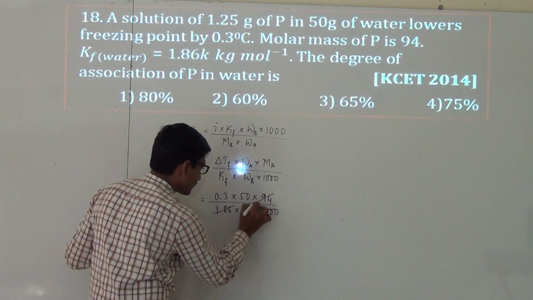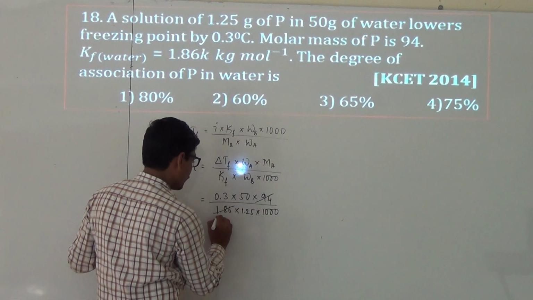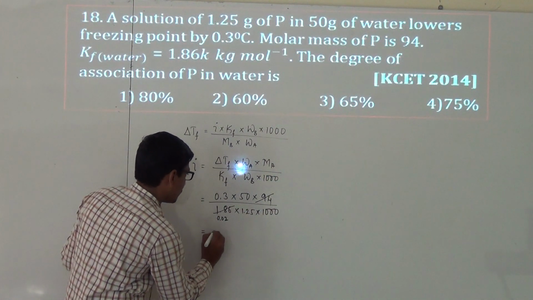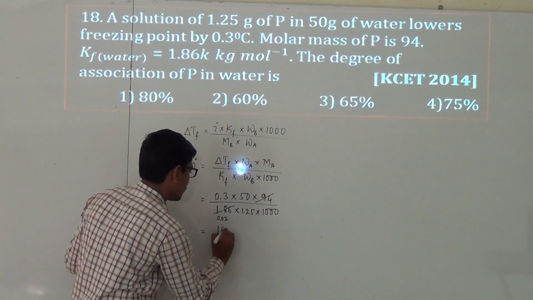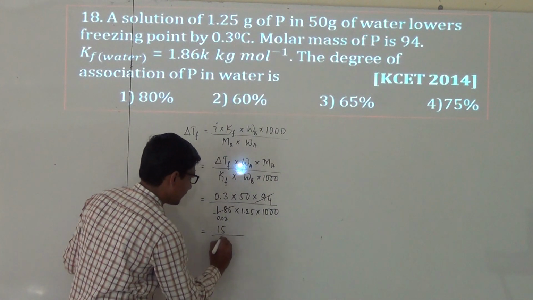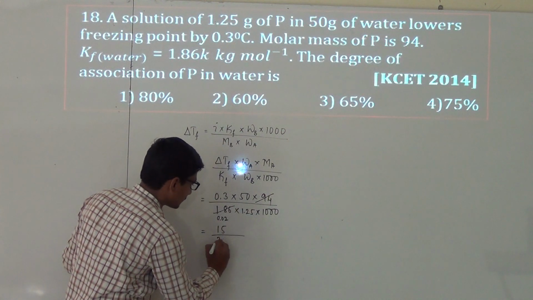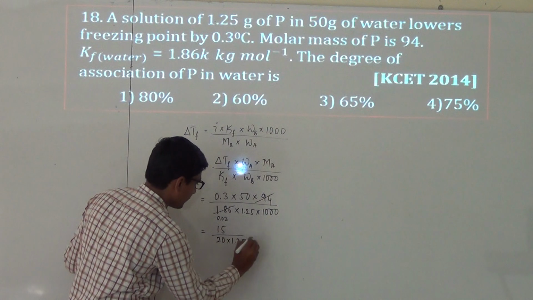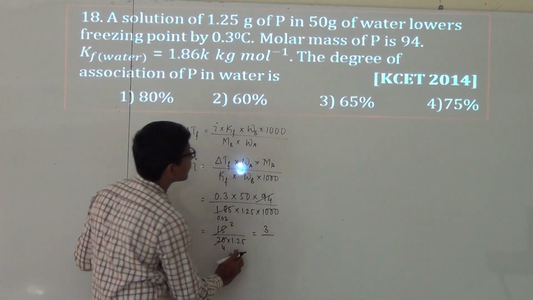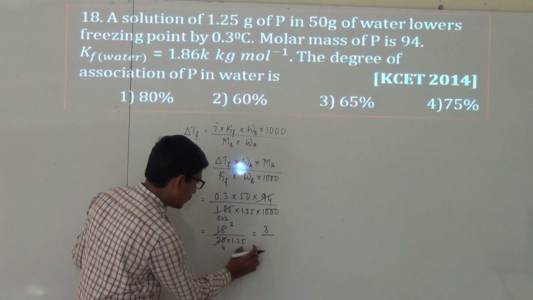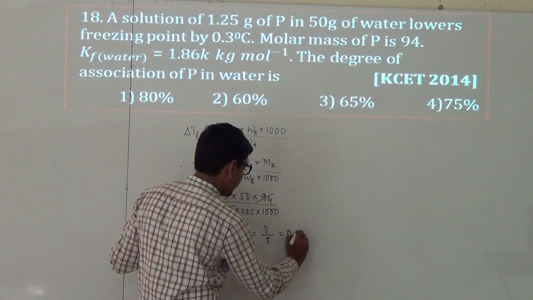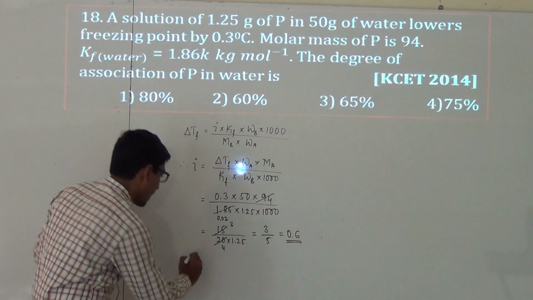This is almost 0.02, and on simplifying this is equal to 0.6. The value of I is equal to 0.6.